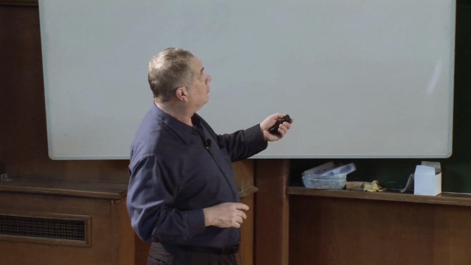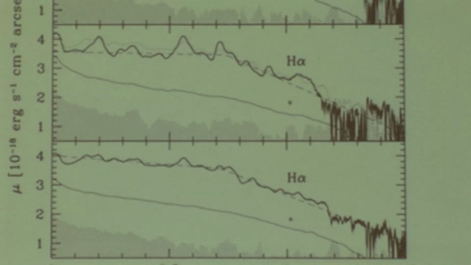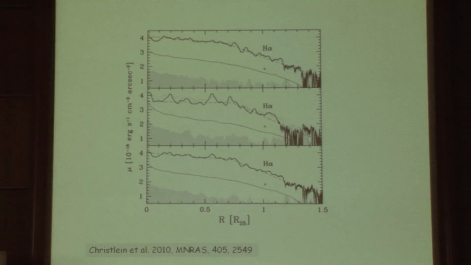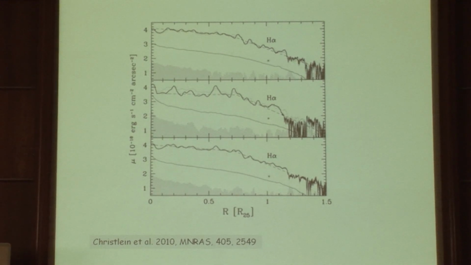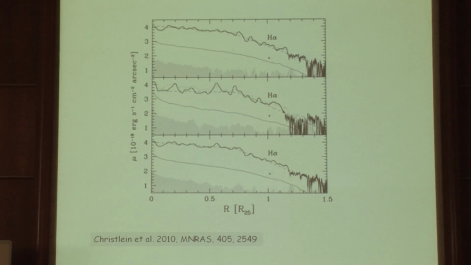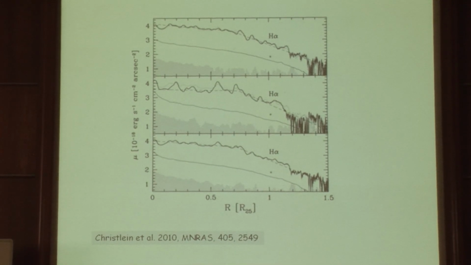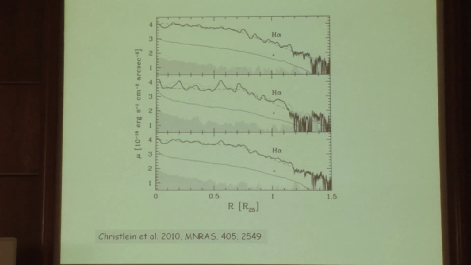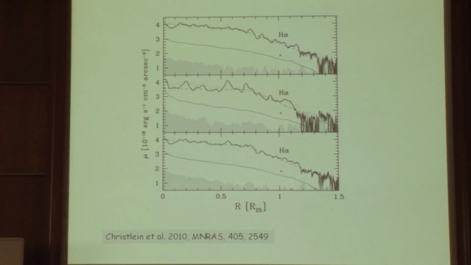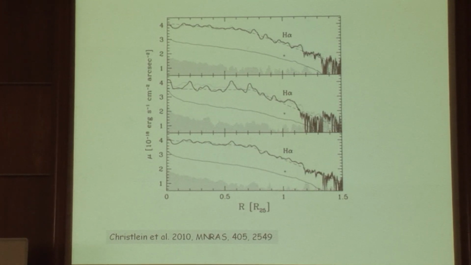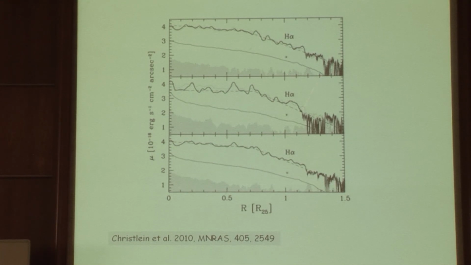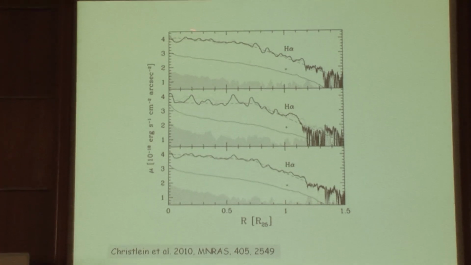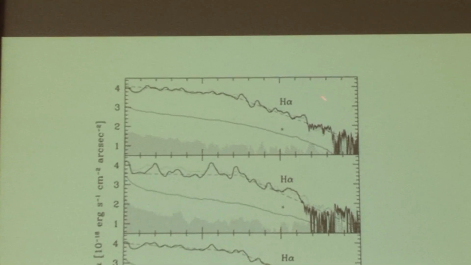This is a nice paper by Christlein, Zaritsky et al. from last year. They realized that a very sensitive way to study outer disks, not in ultraviolet, but H-alpha, was to study edge-on systems, where you can use the foreshortening effect to essentially get much stronger surface brightness sensitivity. And we need not look at the distinction between these three diagrams. Here is a composite, a stacked radial profile of a set of edge-on galaxies.